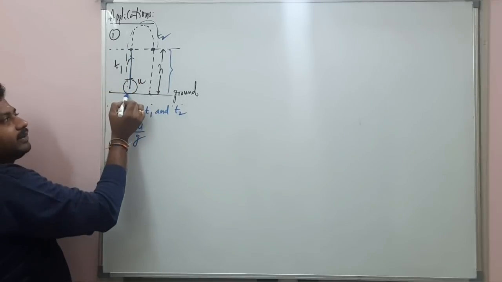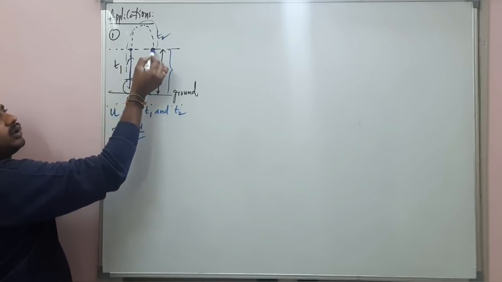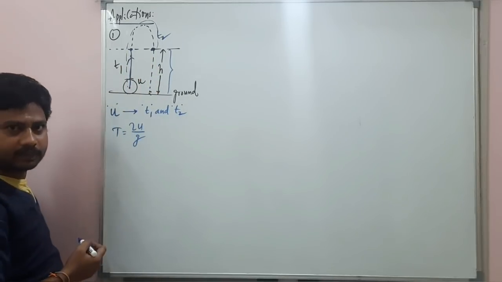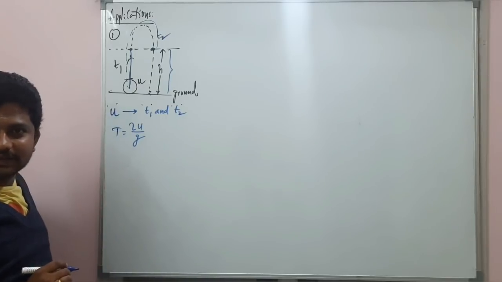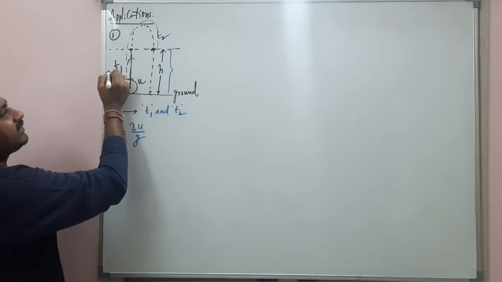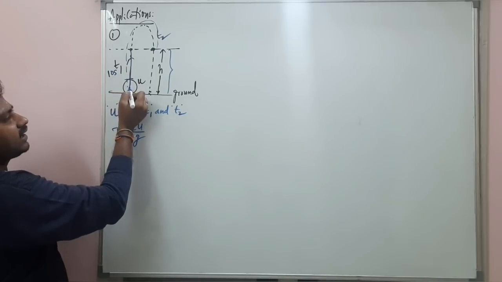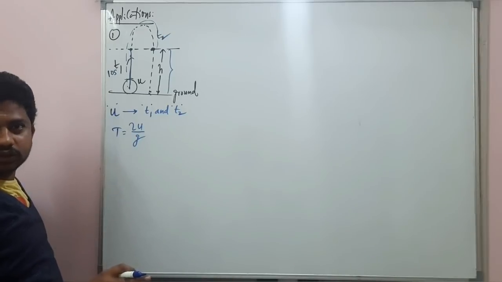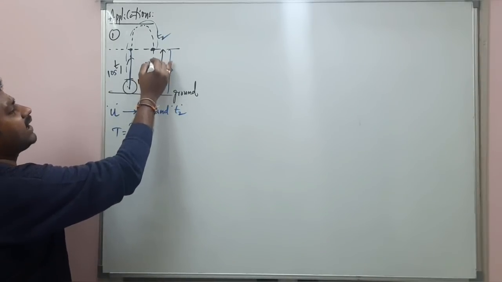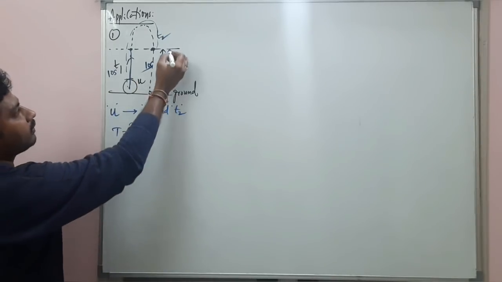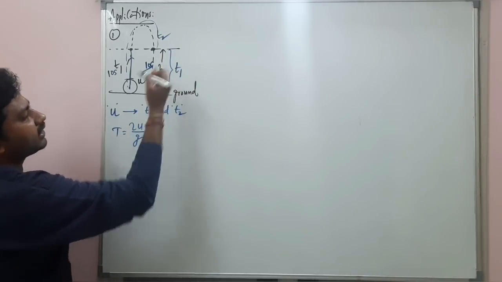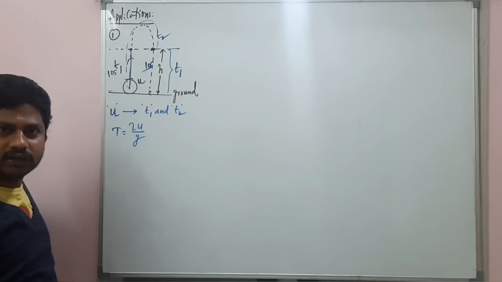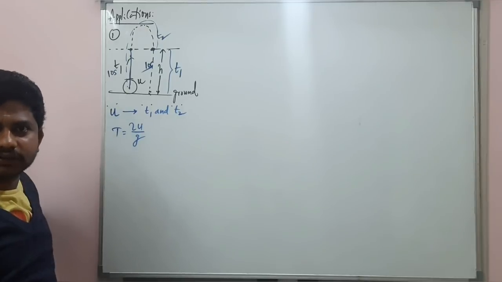That's what we discussed in the last class. If 10 seconds is taken to cover the same height in the upward motion, the same 10 seconds it will take in the downward motion. So from here to here it takes t1 time. This is the simple logic here.